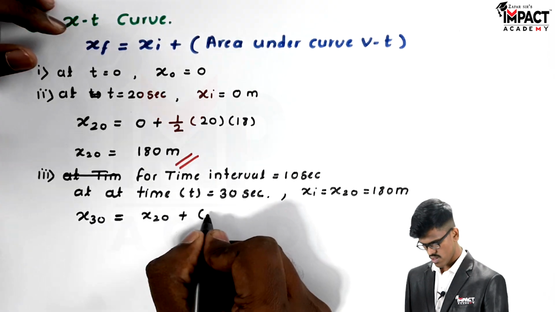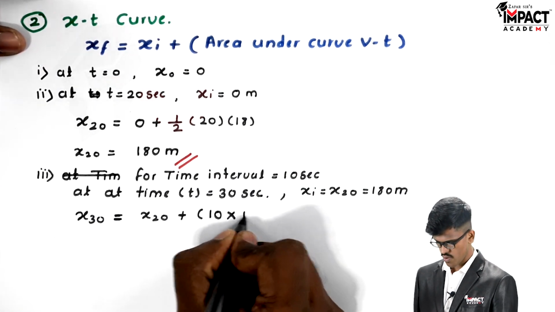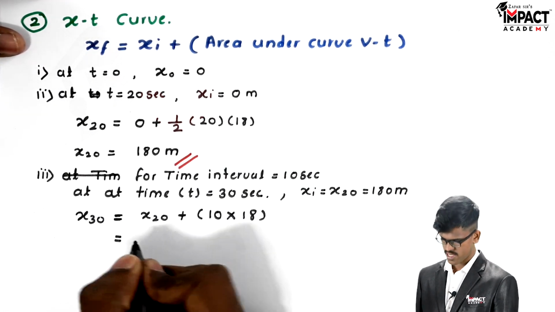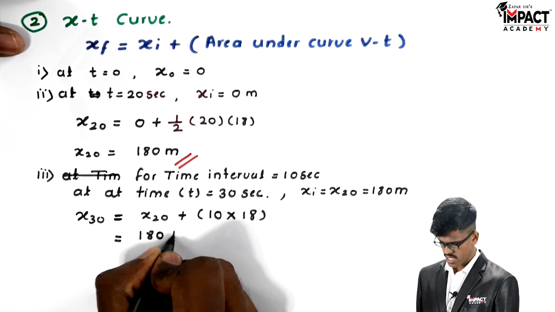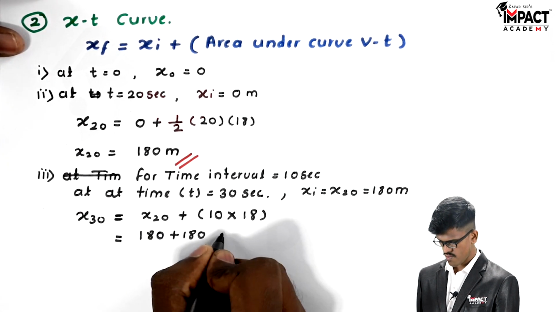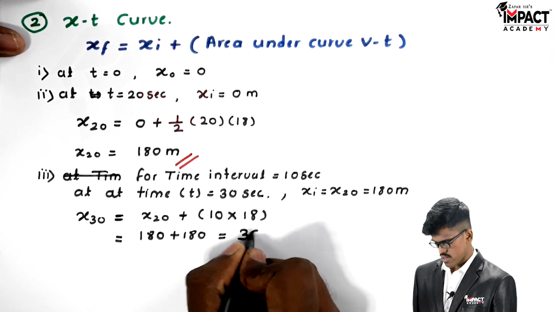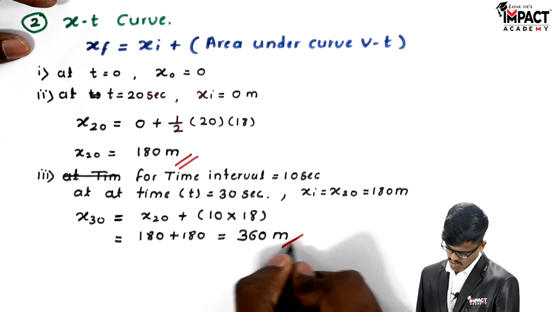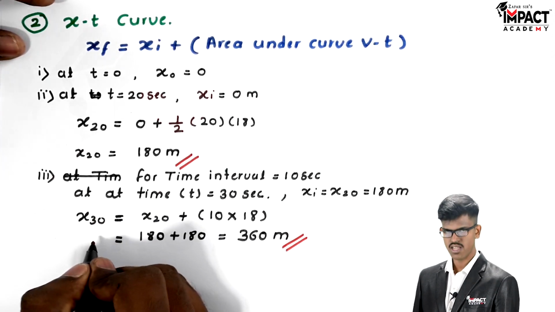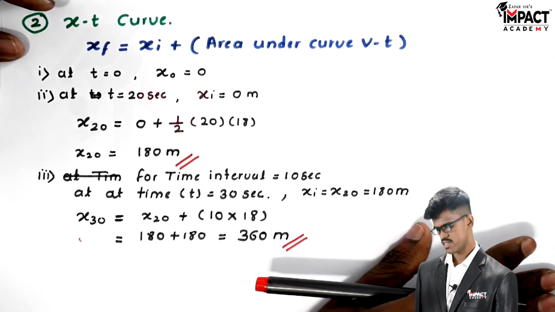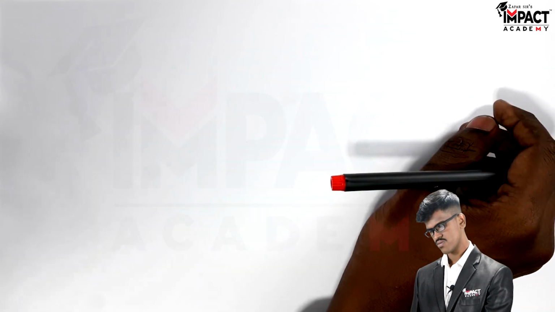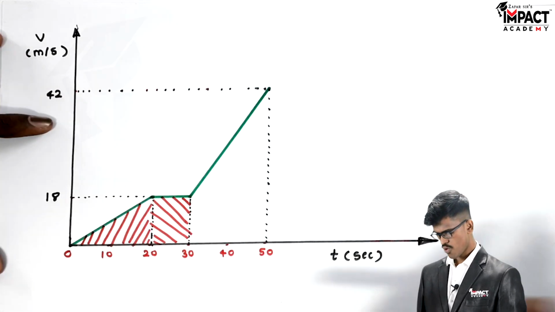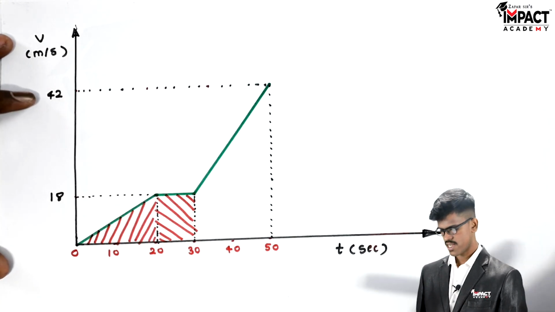So 10 into 18. The answer will be 180 plus 180, which is 360 meter. Okay, this is the position of the particle when t is equal to 30 seconds. Now we find the position of the particle when t is equal to 50 seconds.